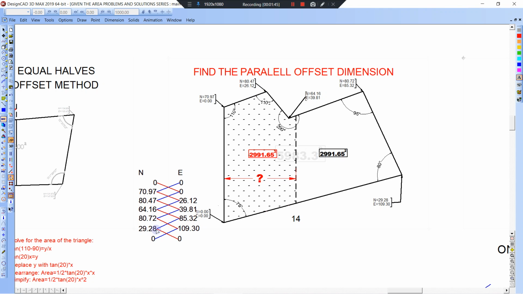Then it goes all the way around to 29.28, and then easting at 109.30. Then you take the last point and put it here, so point 1 is here and here. Then the quantities in the direction you multiply: 0 times 0, 70.97 times 26.6.